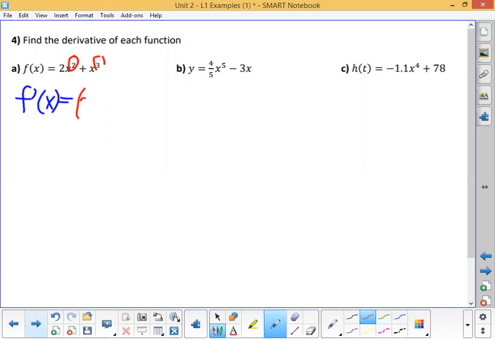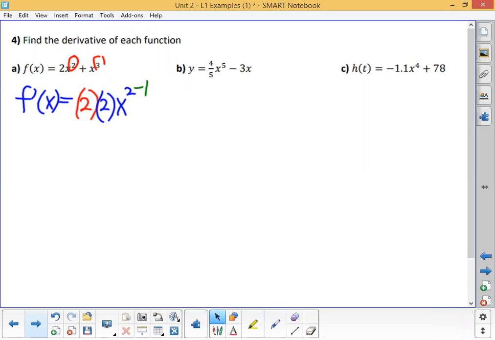I'm bringing 2 down. I'm multiplying by the 2 that's already there, but the x squared, I want to keep that separate and subtract 1 from that power. Now I have the x cubed that I have to deal with.